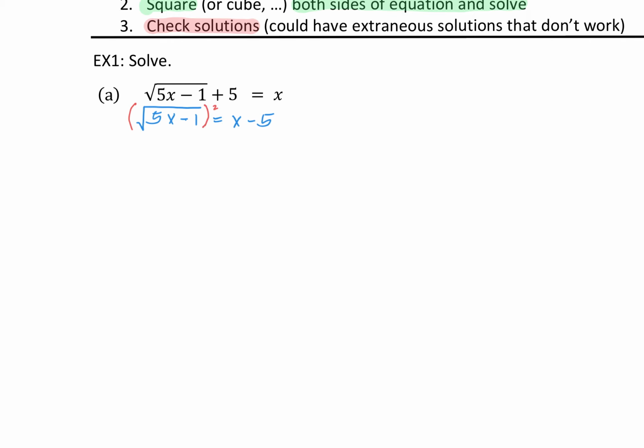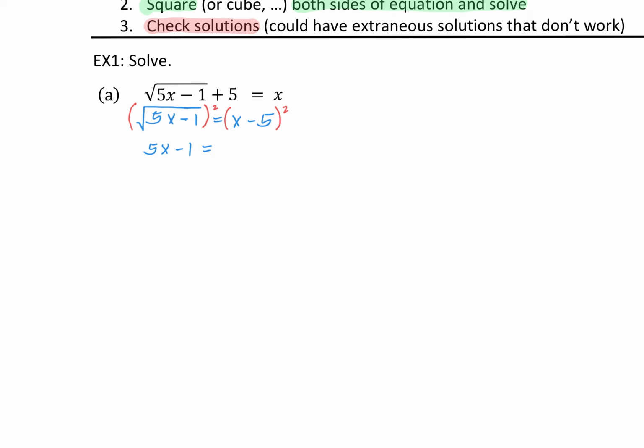And now here on the right, it's not simply x squared minus 5 squared. You're squaring everything. It's the x minus 5 in parentheses squared. So you're going to have to multiply or FOIL that out. Now on the left-hand side, the square and the square root will cancel, and we have 5x minus 1, which was our goal.